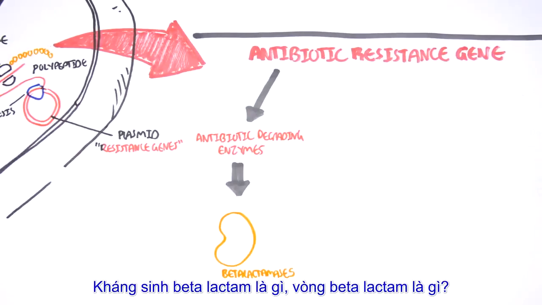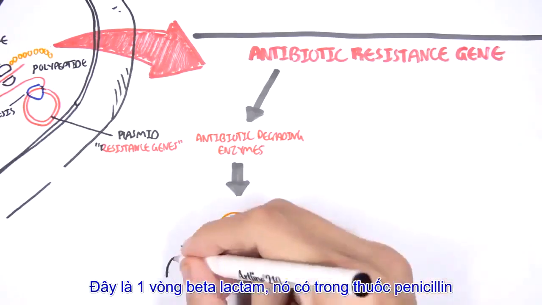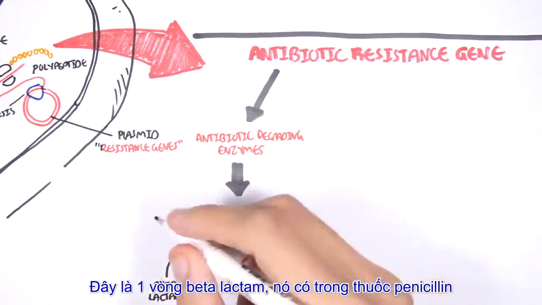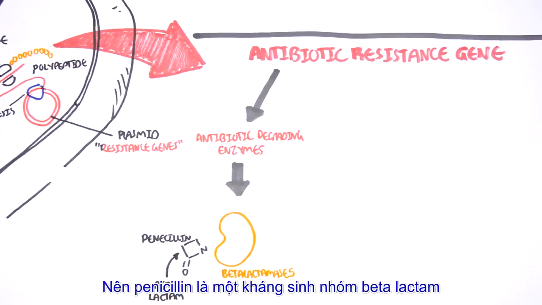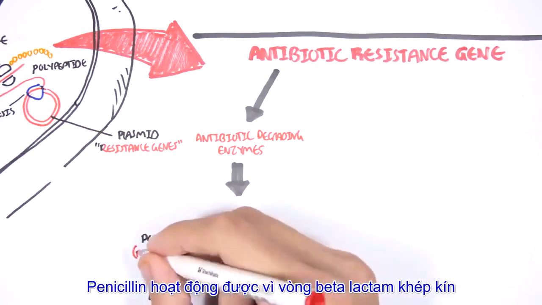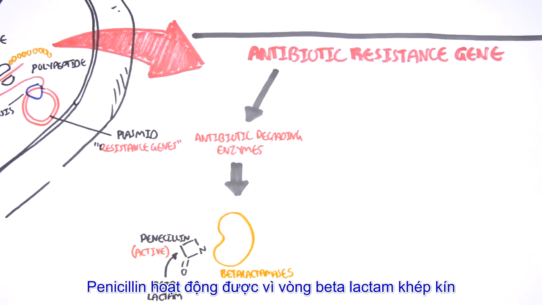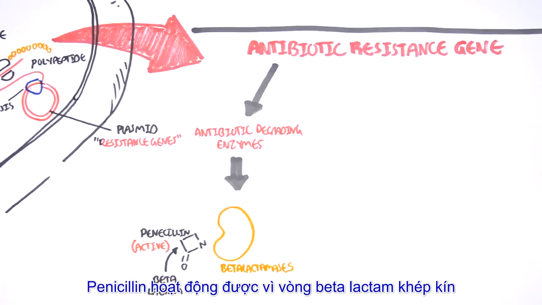What are beta-lactams and what are the beta-lactam rings? Well, this is a beta-lactam ring, and beta-lactam rings are found in penicillin. So penicillin is a beta-lactam antibiotic. And this penicillin is active because the beta-lactam is a ring. It's closed. The ring is closed.